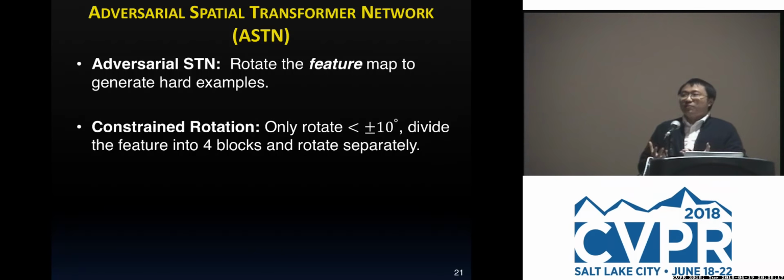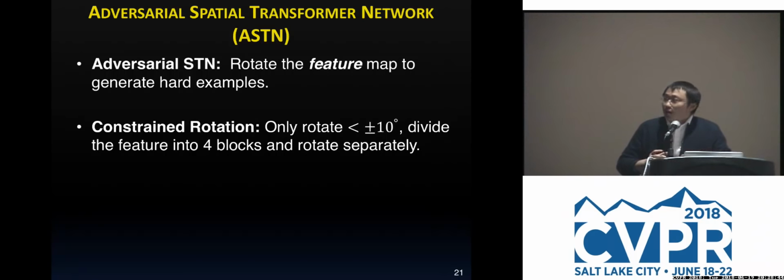But a simple way to make the object features hard would be to rotate the objects upside down. So in this case, we are adding more constraints to the rotations. For example, we only allow rotations within around 10 degrees. And then we divide all the channels into different parts, and different parts of different channels should have different kinds of rotations.